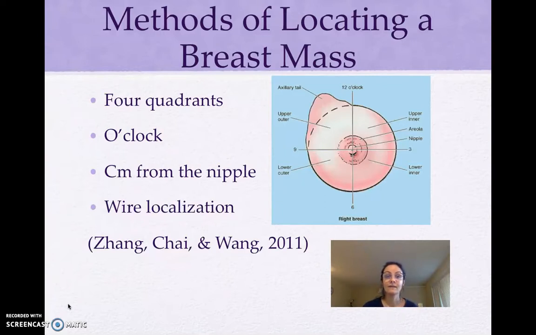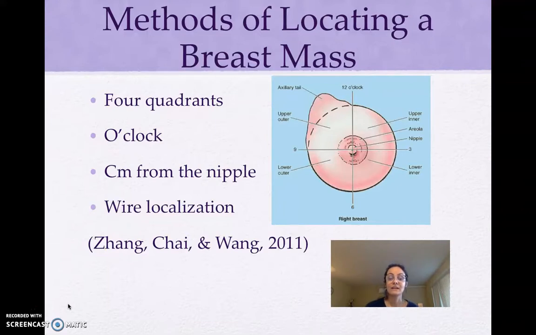And then the other type is o'clock type. For example, right breast, upper outer, it can be from 9 o'clock to 12 o'clock. And then they want to decide which o'clock it exactly is. For example, if it is 11 o'clock.